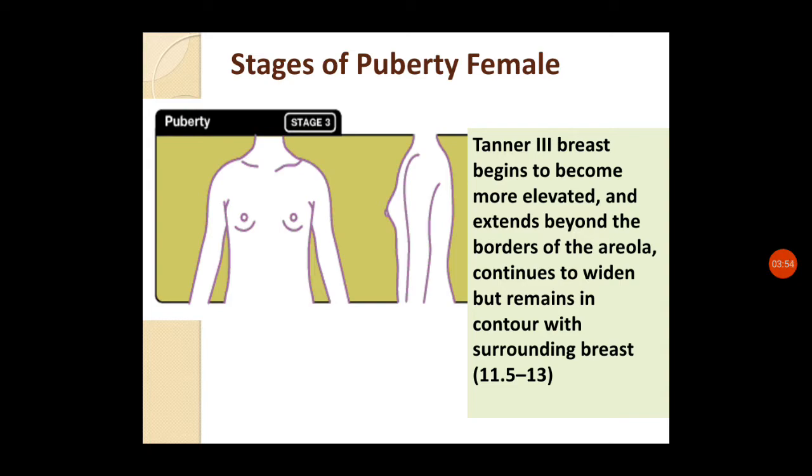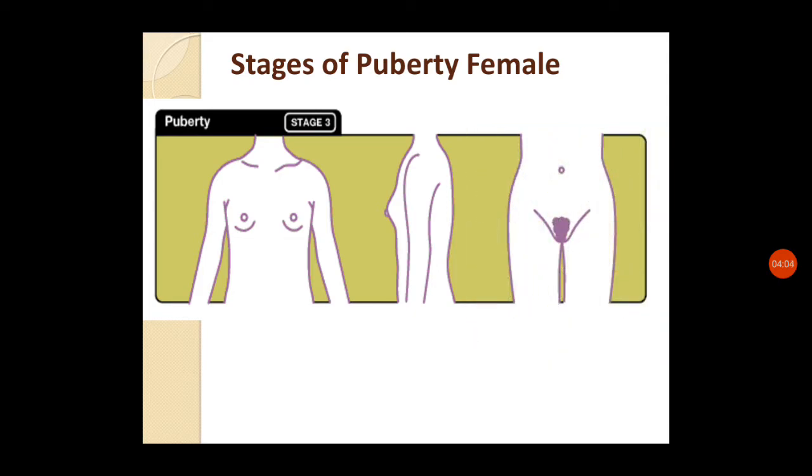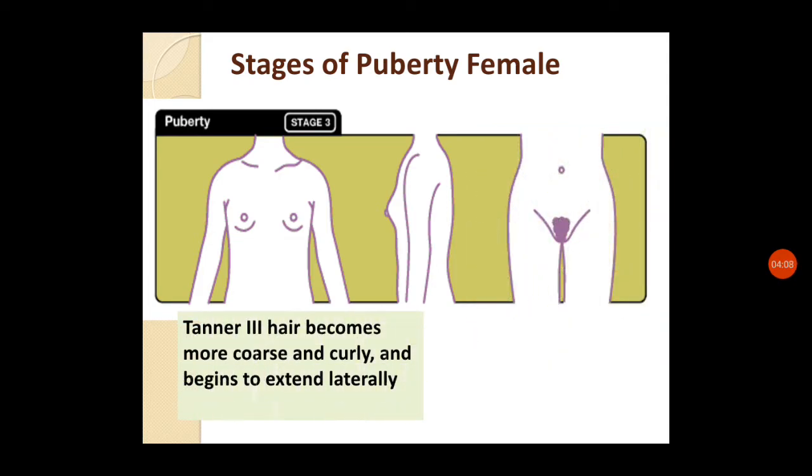There will be more elevation, seen at 11.5 to 13 years. Regarding the pubic hair, it will be more extensive, and the hair becomes more coarse. Till now it was long, now it is curly, and it starts extending to the lateral sides. This is about stage 3.